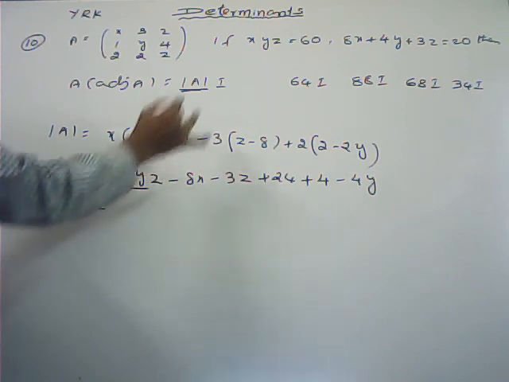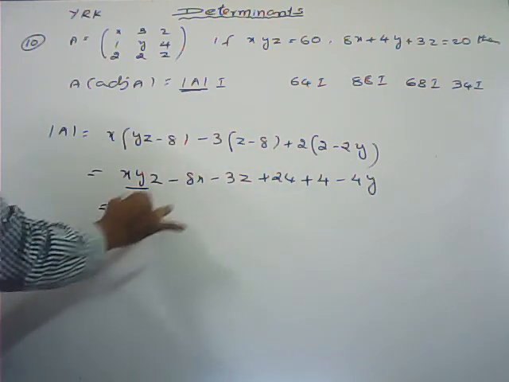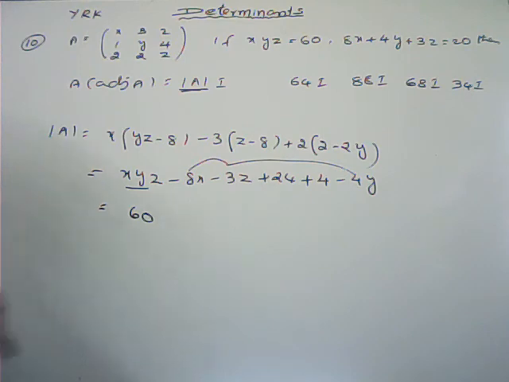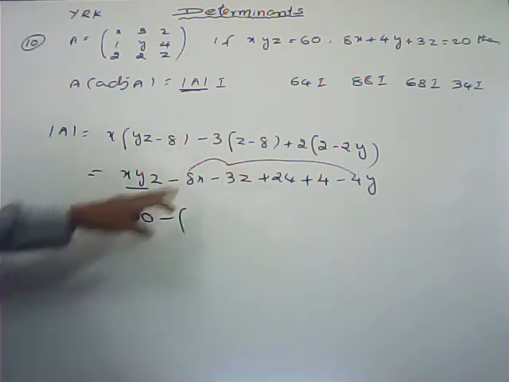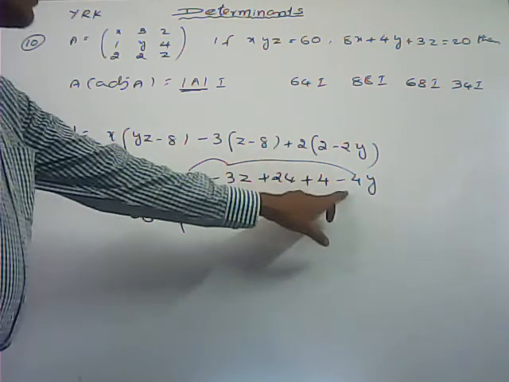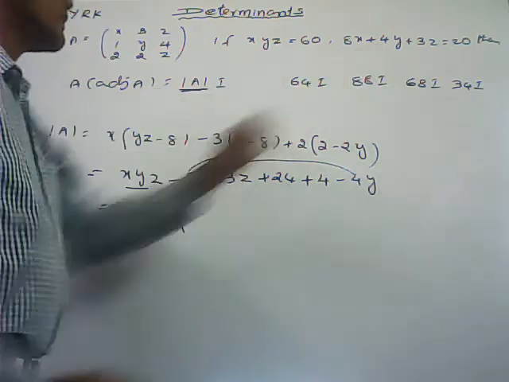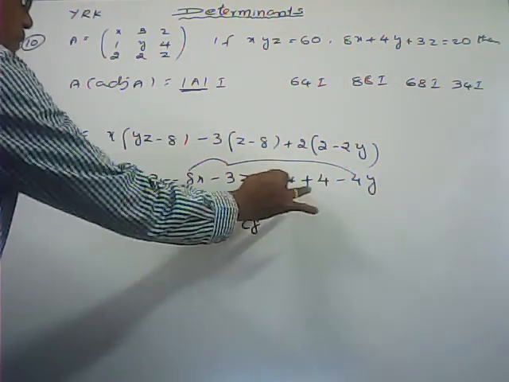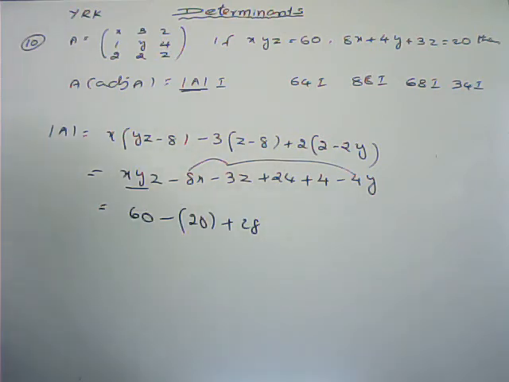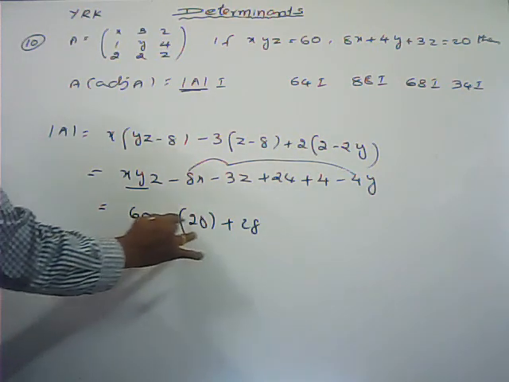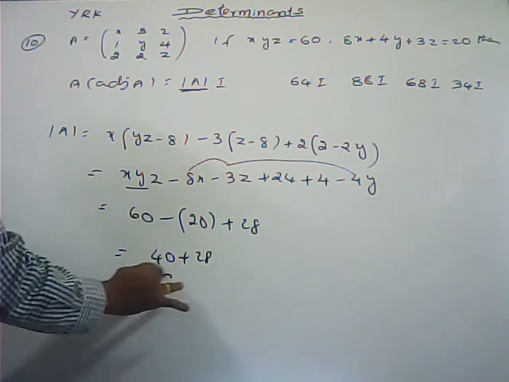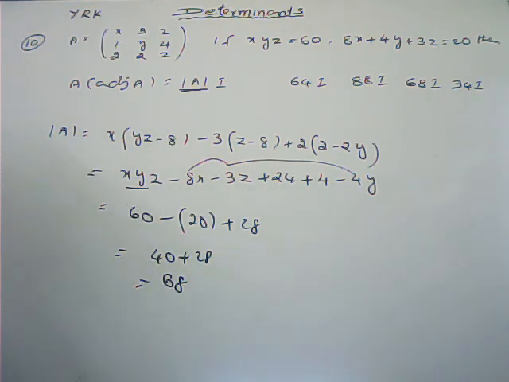Here xyz value is given, that is 60. From these three terms I am taking minus as common: minus of 8x plus 4y plus 3z, we can write it 20. Plus 28 is given, 24 plus 4, that is 28. So 60 minus 20, that is 40, plus 28, that is equal to 68.